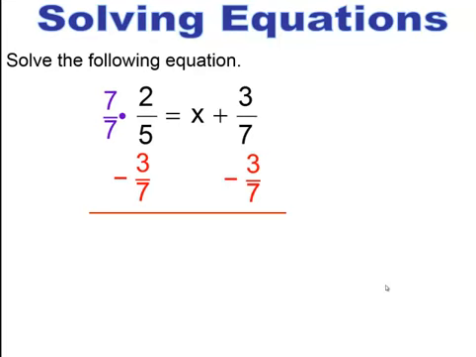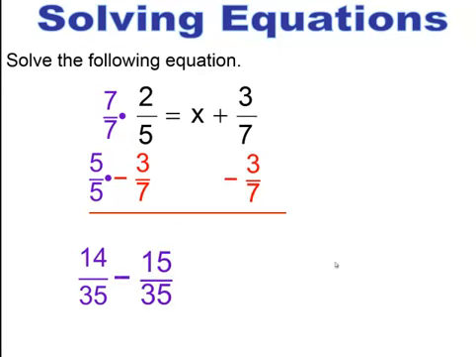So I'm going to convert the first fraction by multiplying the top and the bottom by 7 over 7. The second fraction I'm going to multiply by 5 over 5. So my converted fractions will be 14 over 35 minus 15 over 35.